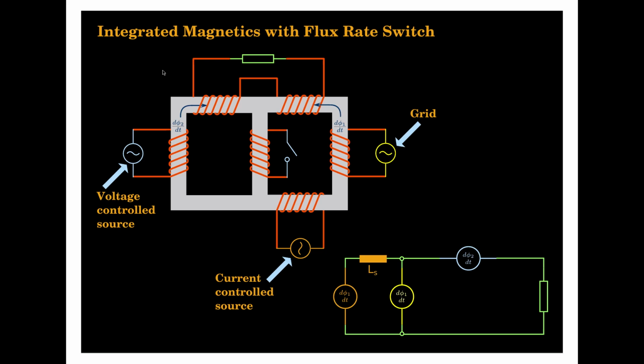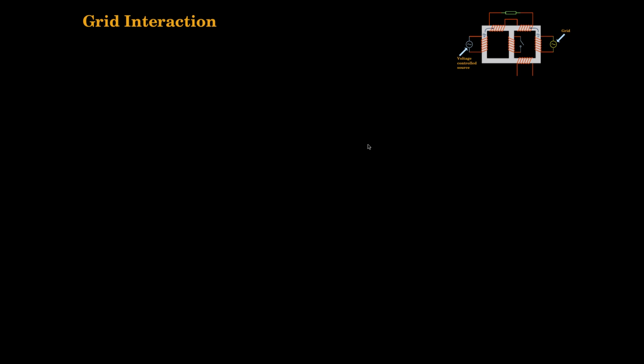Let us see how this can be used for grid interaction. Now consider this integrated magnetic system, and I am going to place it here. There is a grid here, and I have a voltage control source and a current control source here, and there is a flux rate switch, and this is the load.